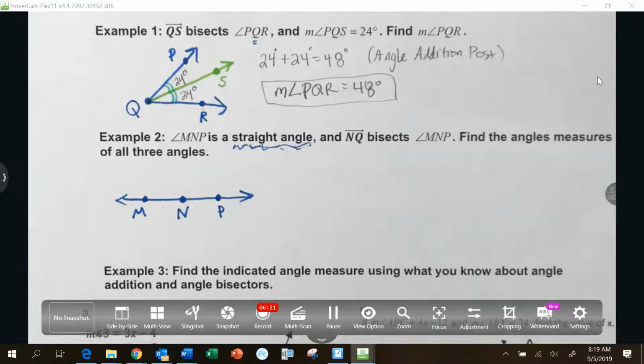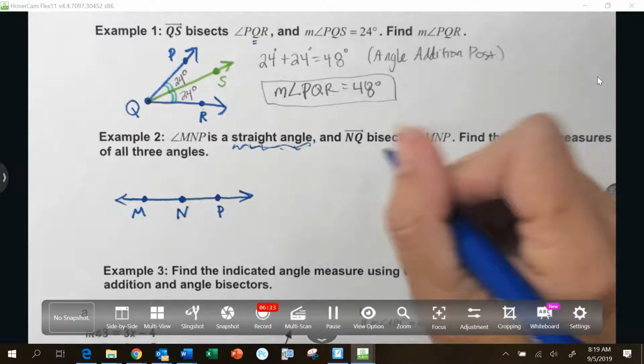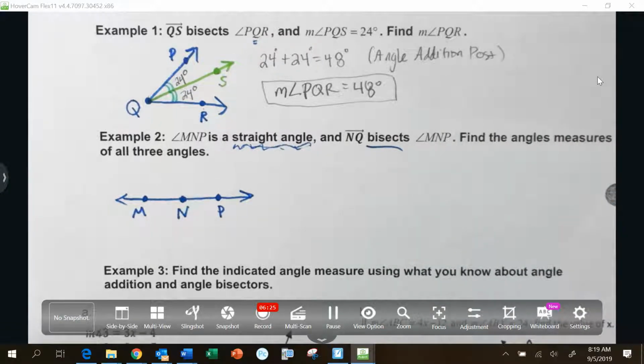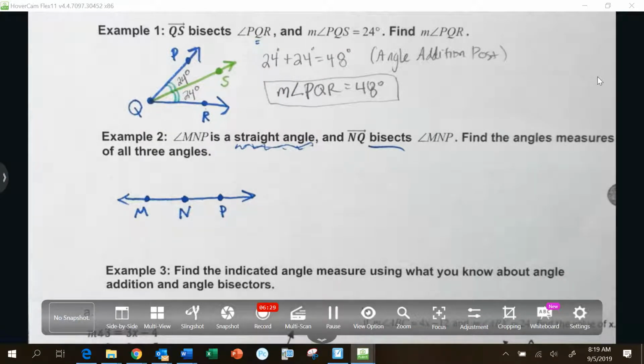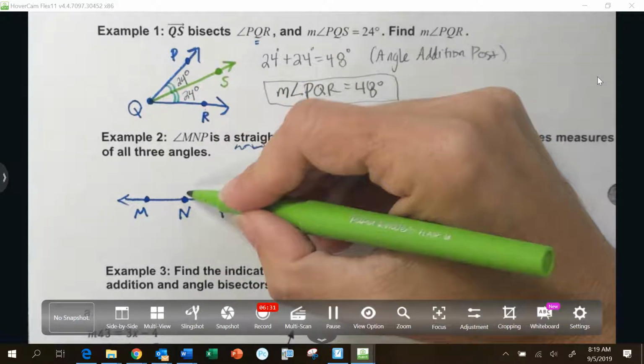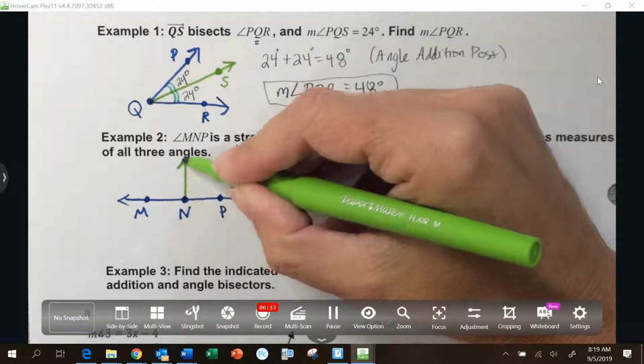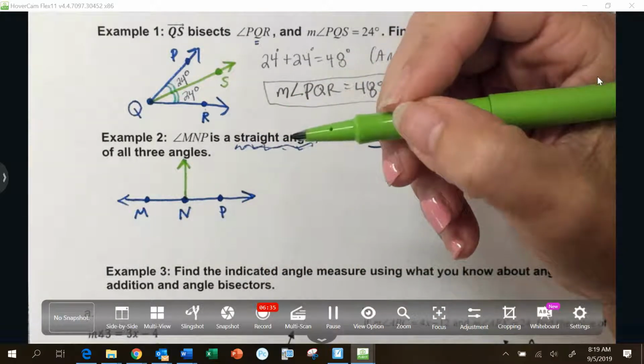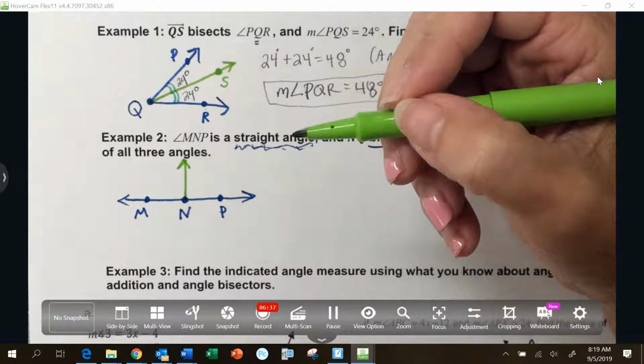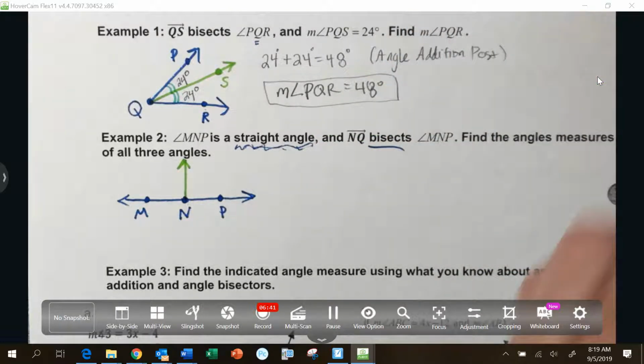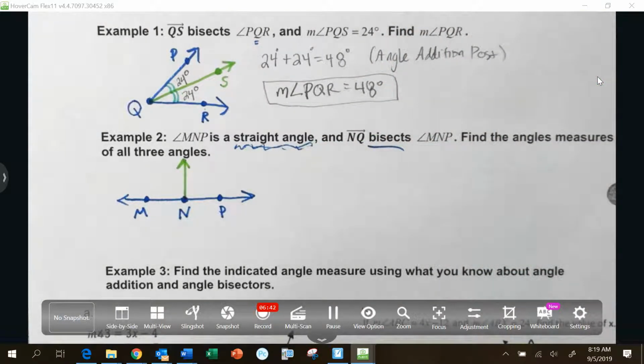Ryan, what does bisect mean? Well, for this one, it will mean goes up, but what does it mean in general? Divides the angle into 2 congruent angles, right. So I'm going to draw that one straight up.